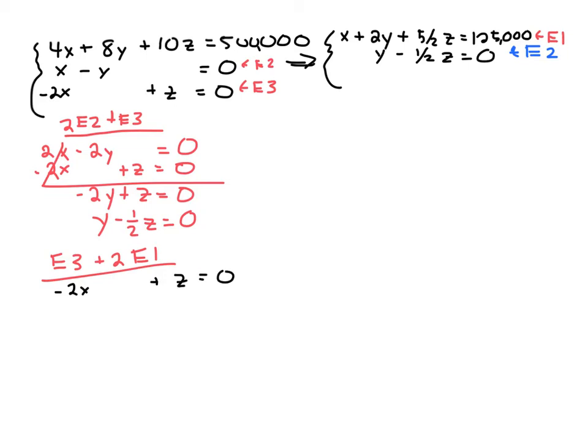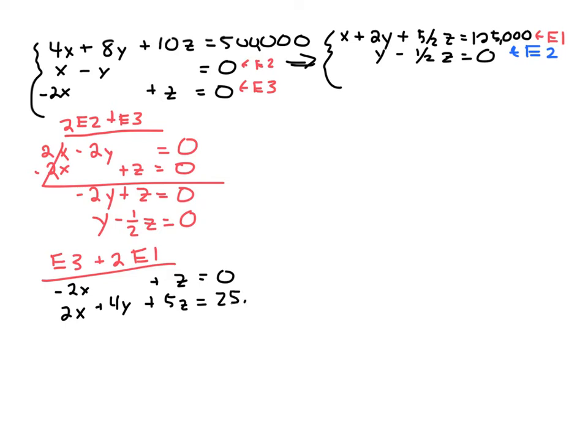And then let's do 2 times equation 1, and I'm looking over here at this equation 1 right here. So that'll be 2x plus 4y plus 5z. Let's see, 125,000 times 2 is 250,000.